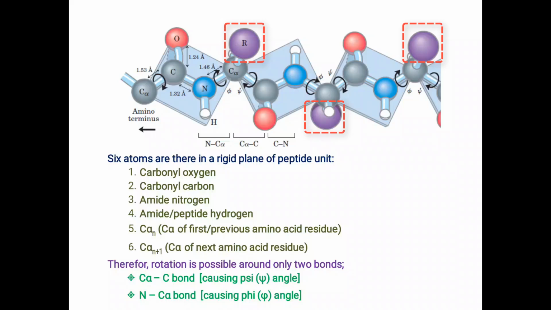Okay. So, these orientations of the R group and the orientation of one plane with respect to another plane are possible just because of the rotation around the C alpha C bond and the N to C alpha bond, and the somewhat rigid structure is just because of no rotation around the peptide bond.